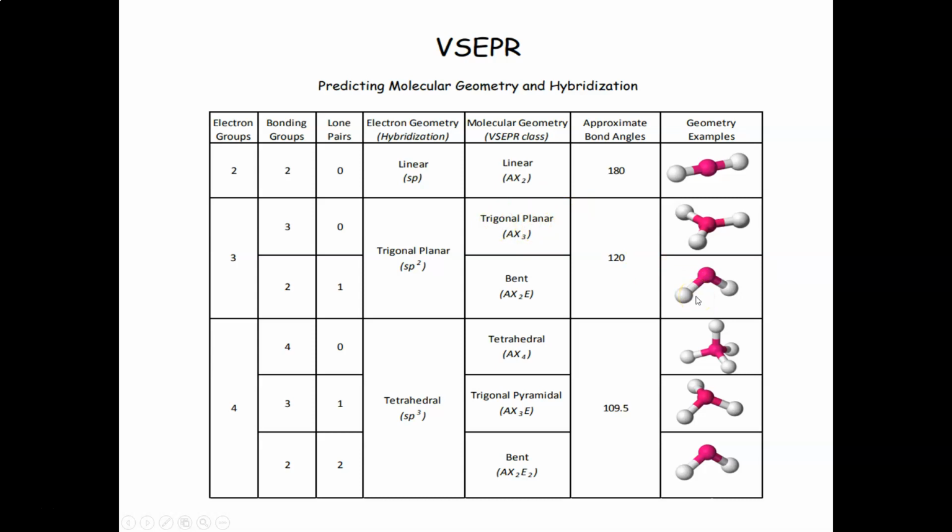Water is bent. If I see something that looks like water, I know it's bent, right? If I see something that looks like CH4, I know it's tetrahedral. If I see something that looks like NH3, I know it's trigonal pyramidal. So if you start to kind of have your brain attach examples to different shapes, it will help you memorize it.